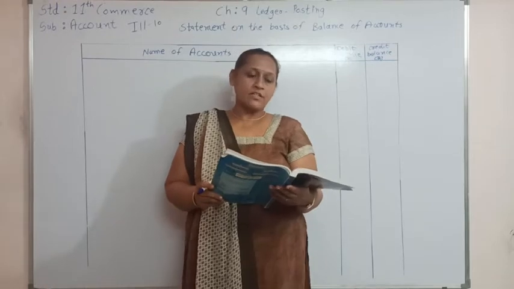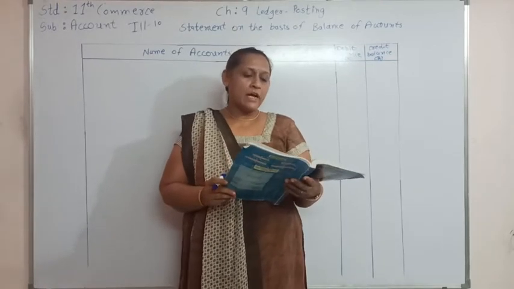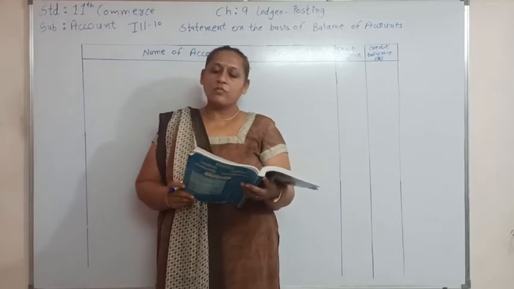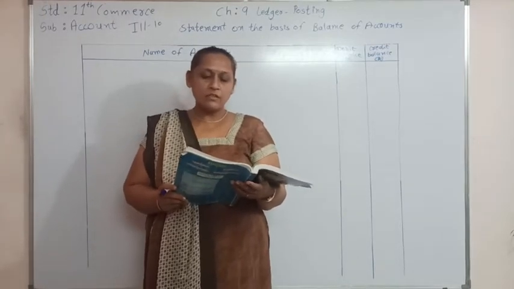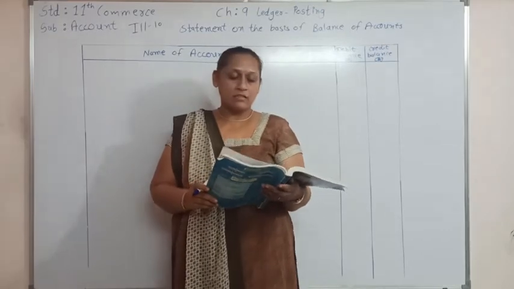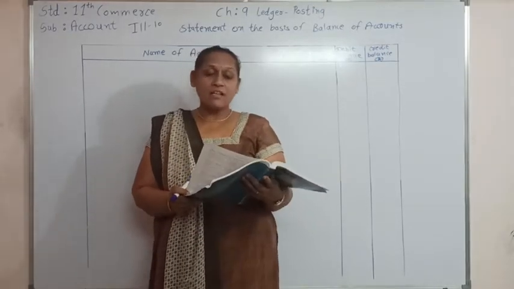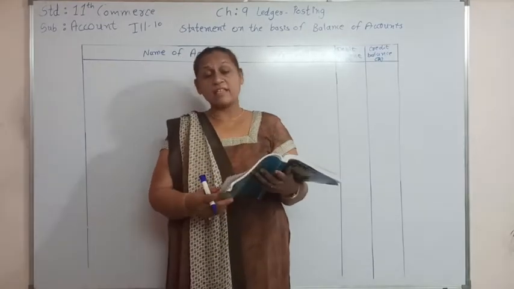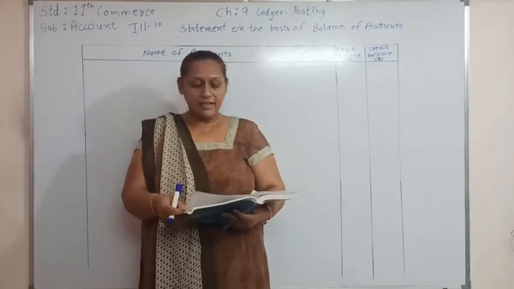Illustration number 10. The following are the accounts extracted from the ledger of sales. From the balance of each account, decide whether it is a debit or credit balance. The very first ledger given to us is capital, and here we can see that the credit side total is more.